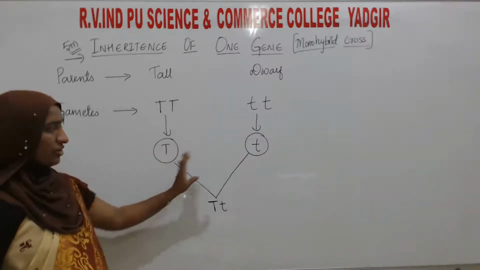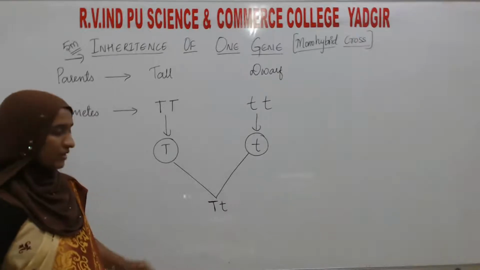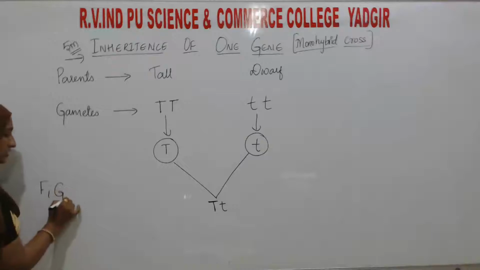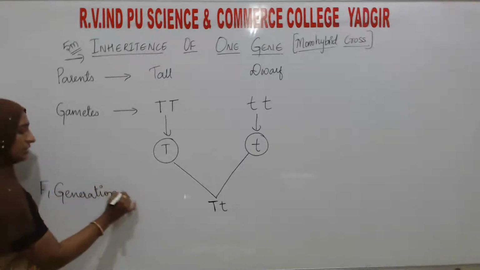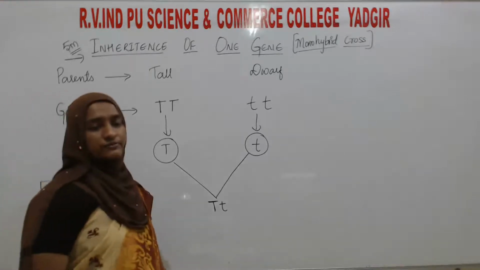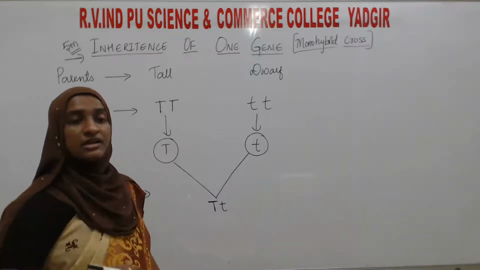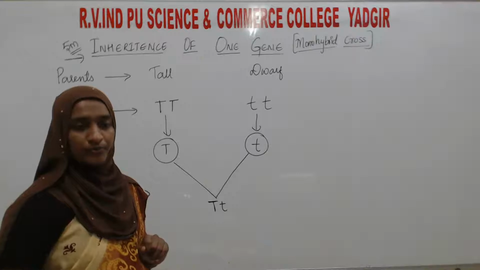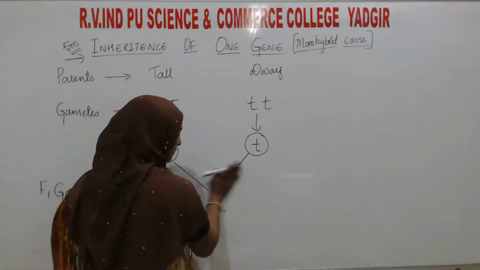Then if we cross that one, we will get the capital T and small t. What is this now? This is the F1 generation. What do you mean by F1 generation? That is the first filial generation. Yesterday I told you first filial generation and second filial generation. F1, F2. Okay, now you see this one.